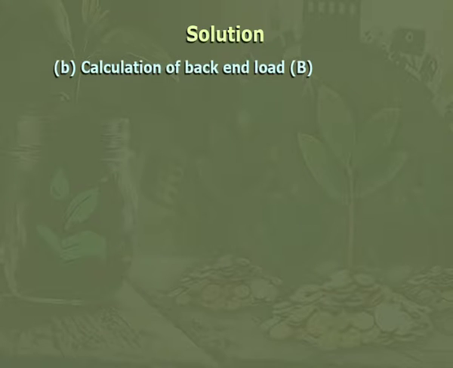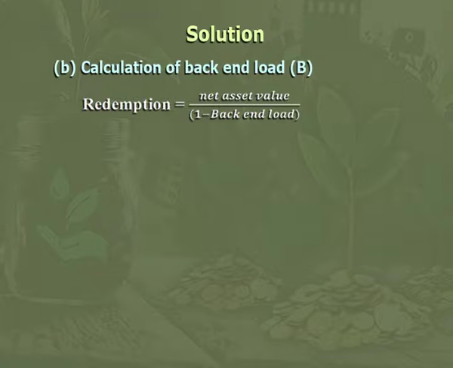Now friends, let's calculate the back end load. The formula goes like this: redemption price is equal to net asset value divided by 1 minus back end load.